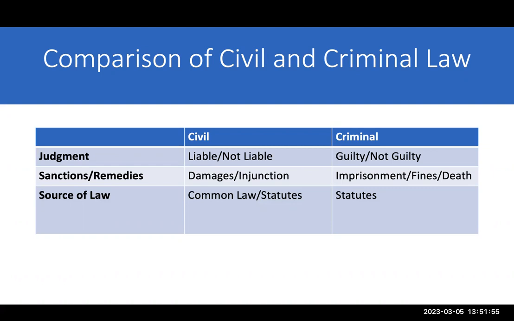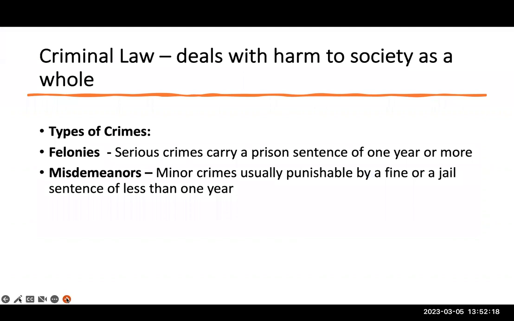On the other hand, in the criminal area, the sanction can include imprisonment, fines, or in some rare cases, death. And again, finally, the source of criminal and civil law are different. Civil law comes from both common law and statutes, whereas criminal law is wholly statutory.